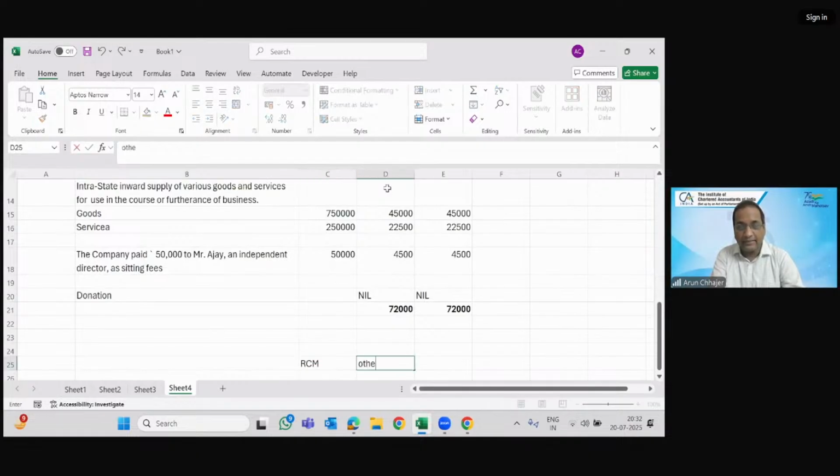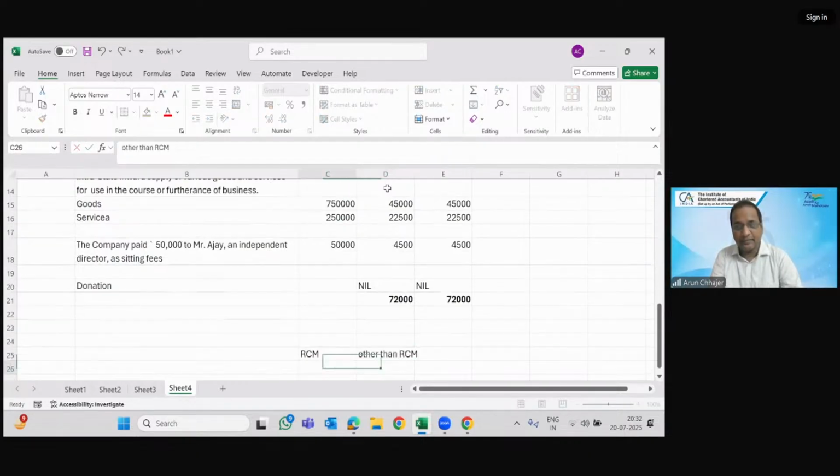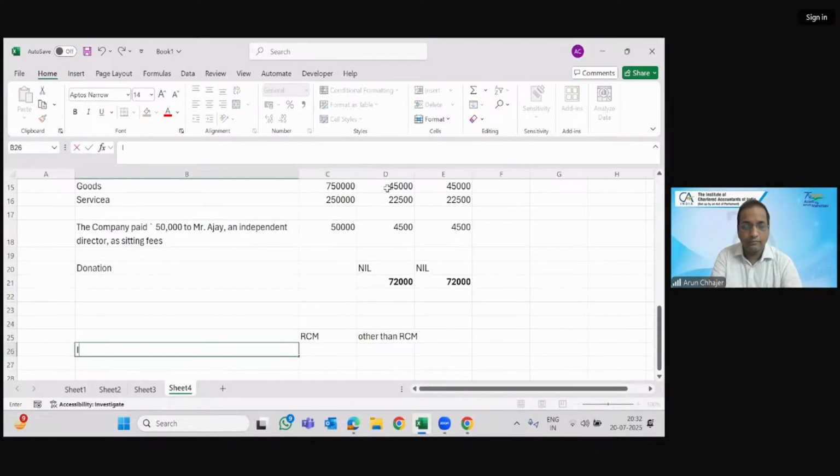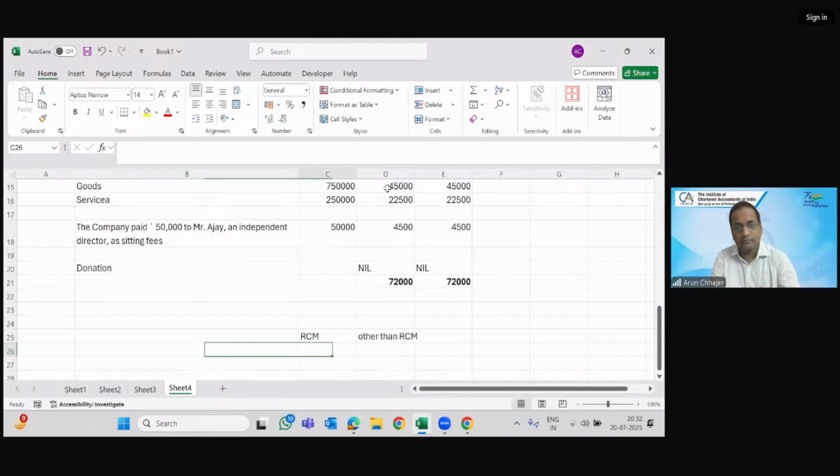RCM and other than RCM. Can we use the ITC for discharging the RCM liability?